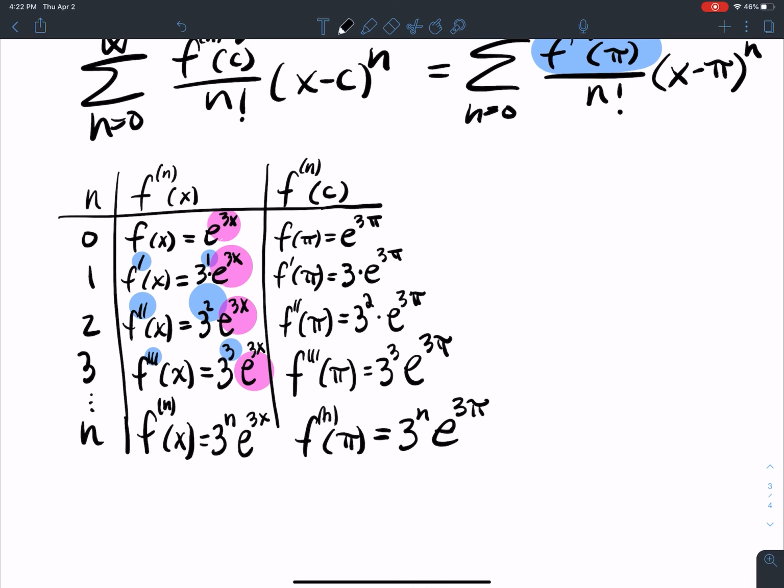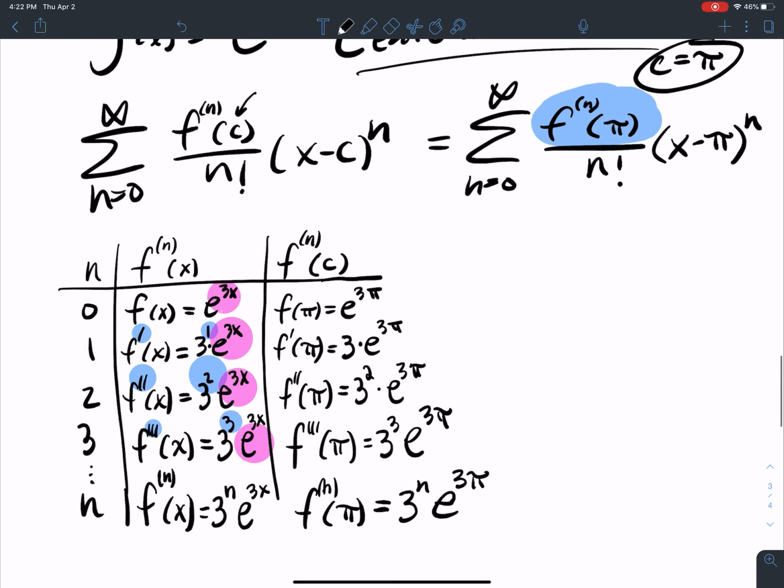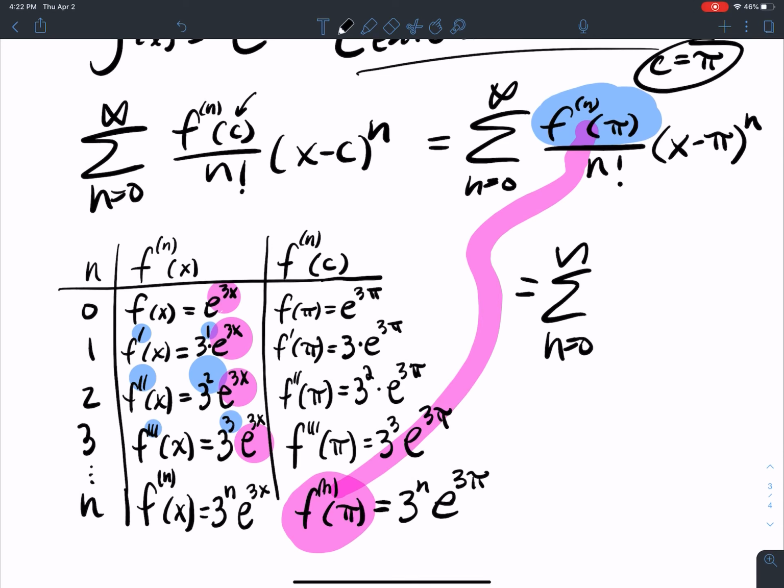So this right here is what I'm trying to get. So what is my answer? This is the series n equals 0 to infinity, 3 to the n e to the 3 pi over n factorial times (x minus pi) to the n.